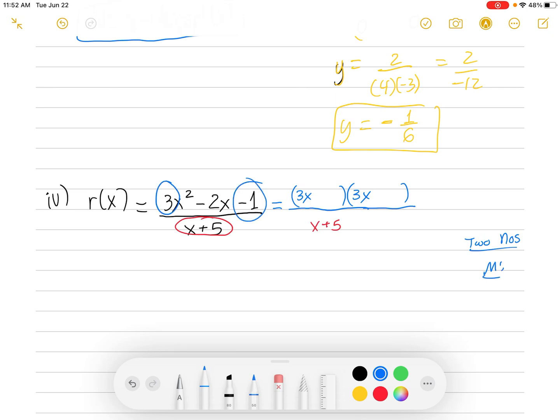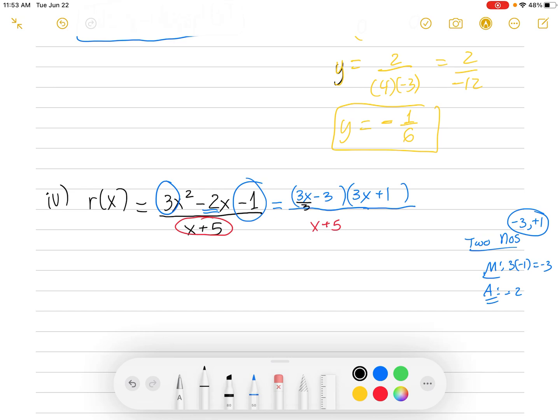And then I'm going to find 2 numbers that multiply to give this product of 3 times negative 1, which is negative 3. So find 2 numbers that multiply to give negative 3 and add to give this middle number of negative 2. So those numbers are negative 3 and positive 1, right? Negative 3 times 1 is negative 3. Negative 3 plus 1 is negative 2. So I'm going to write a minus 3 and a plus 1 here.